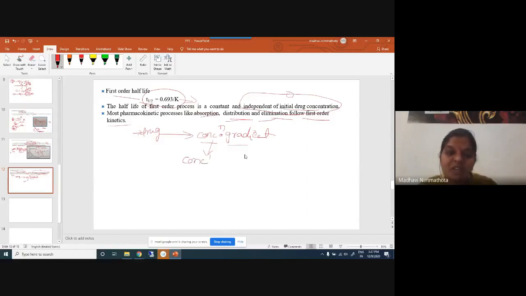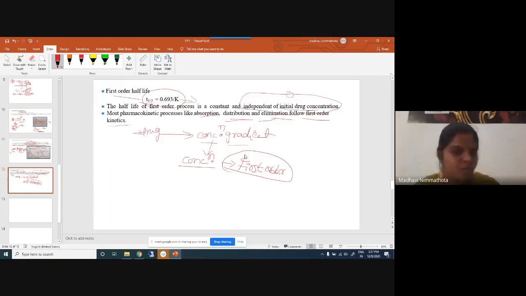So if it is concentration dependent, definitely it will follow what? First order kinetics. So all these processes of drug will follow the first order kinetics, concentration dependent kinetics. But the only difference is that the half-life of the first order process is a constant and it will be independent of the initial plasma drug concentration.